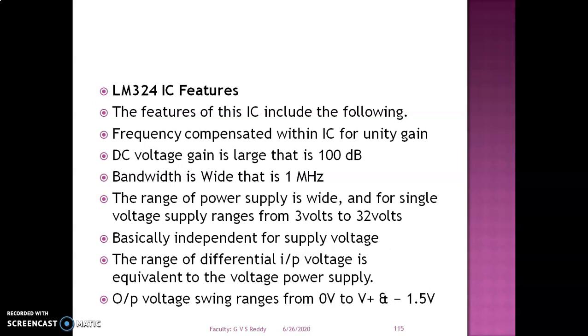The range of differential input voltage is equivalent to the power supply voltage. The output voltage swing ranges from 0 volts to 15 volts.